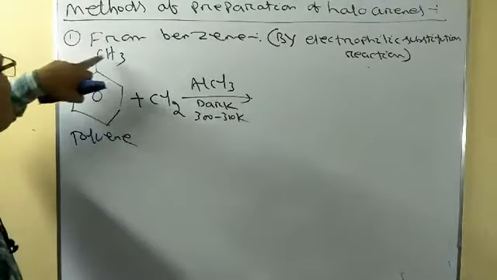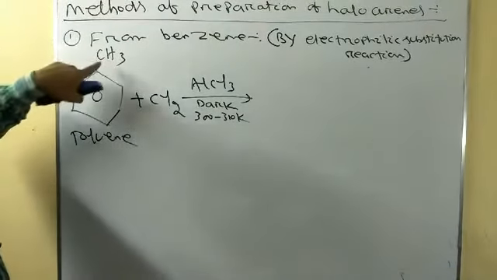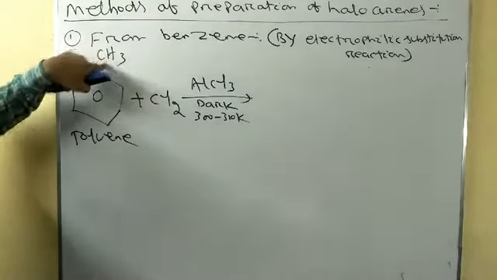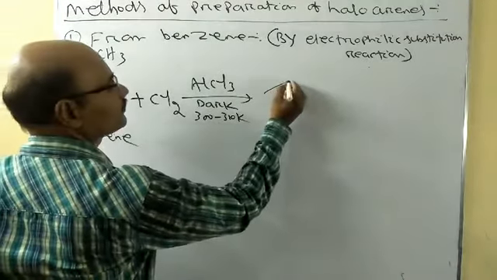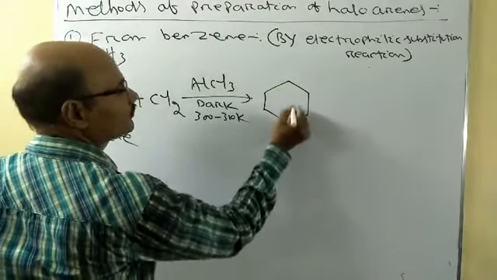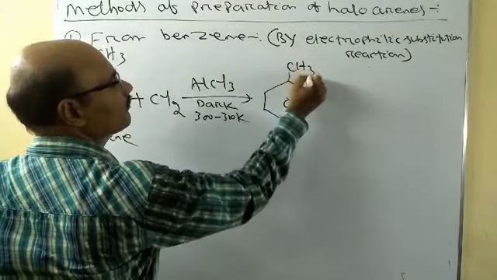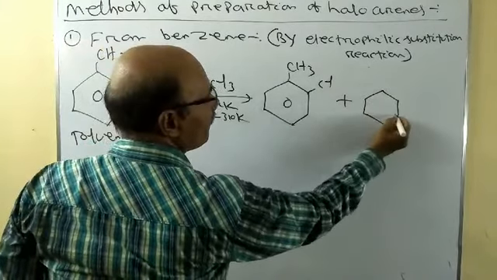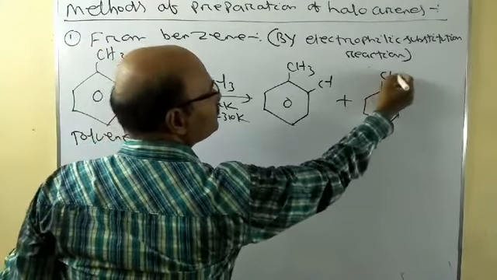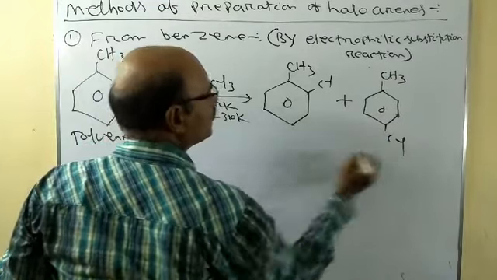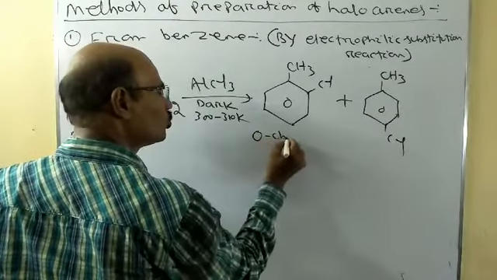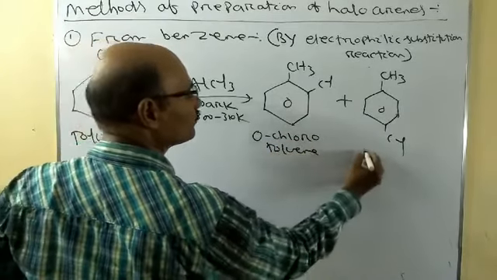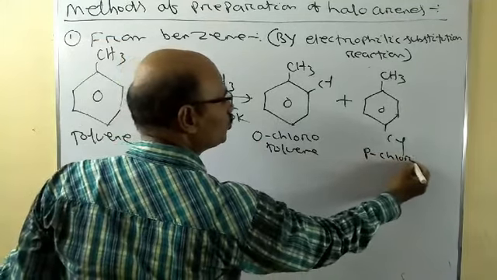Now here the CH3 group is attached to benzene, and this CH3 group is an ortho-para directing group. So what will happen? We will get CH3 with Cl plus, and we will have ortho-chlorotoluene and para-chlorotoluene.